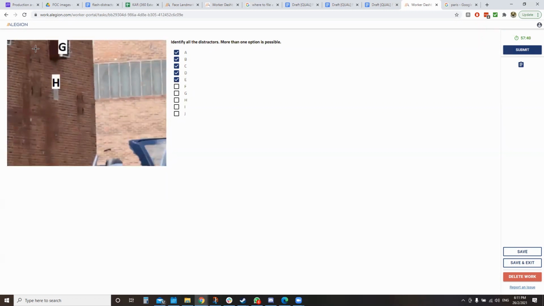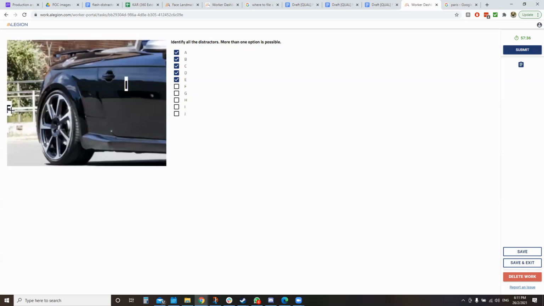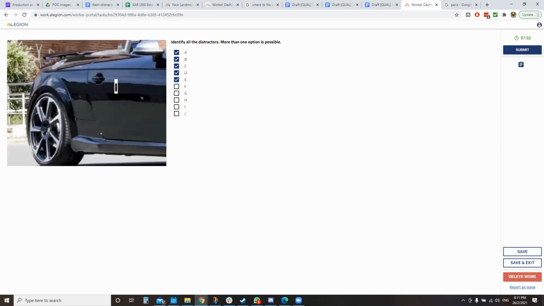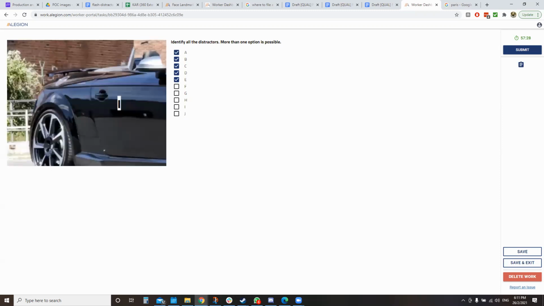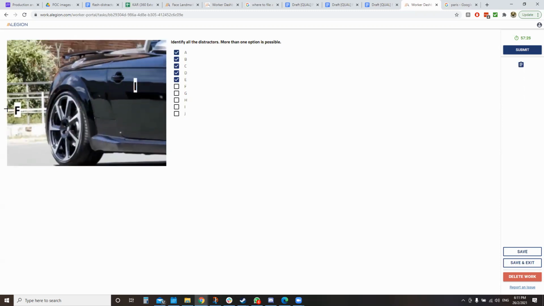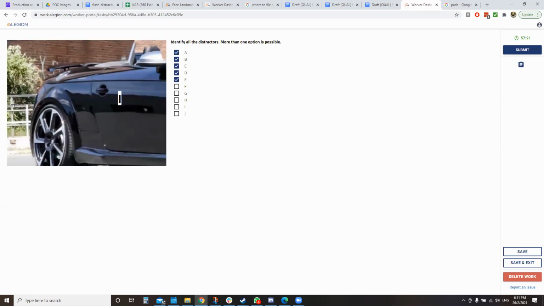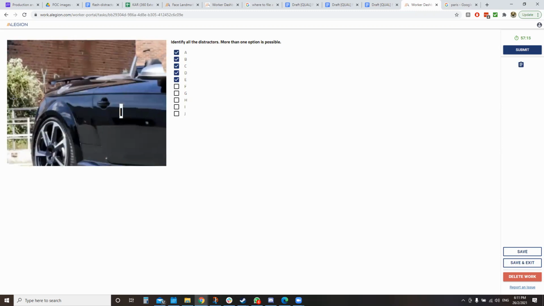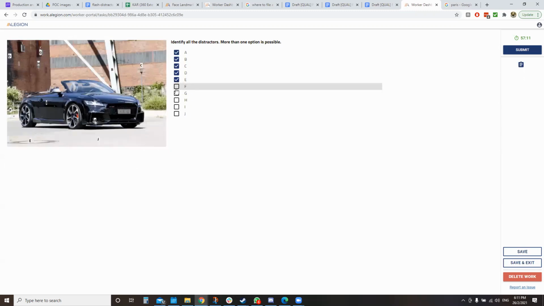What else? Where is F? Oh, F. This grill here. It's looking fine, no, Shavin? So this should be a distractor, right? Because if it's just the plant, it's okay. But this one is not taking your focus away from the full car. It's just not photogenic enough.